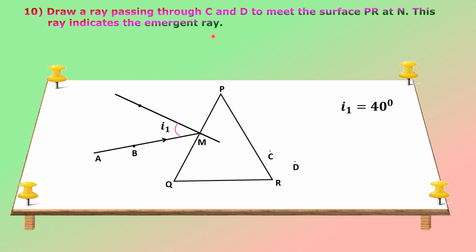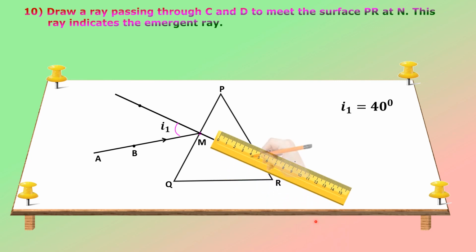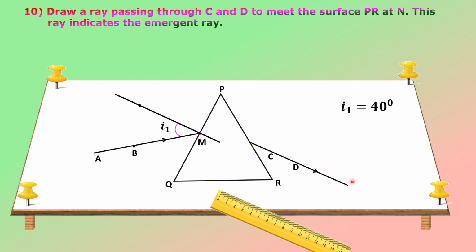Let us draw it first. So this is called the emergent ray, and it meets the surface PR at N.